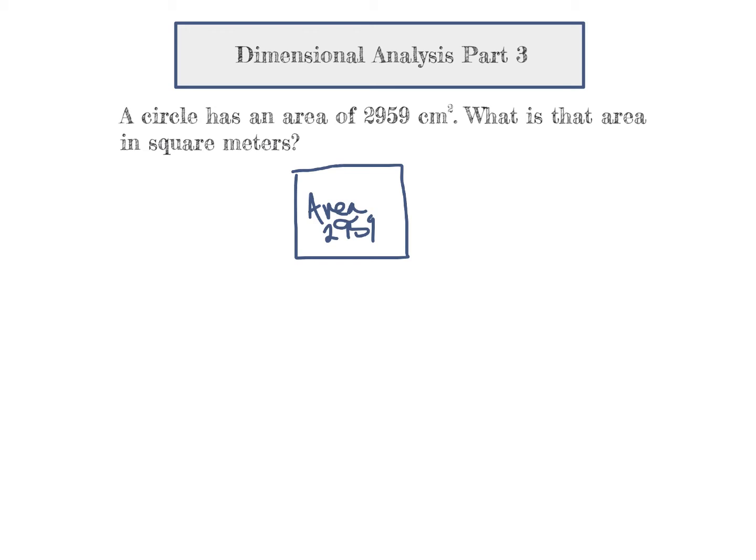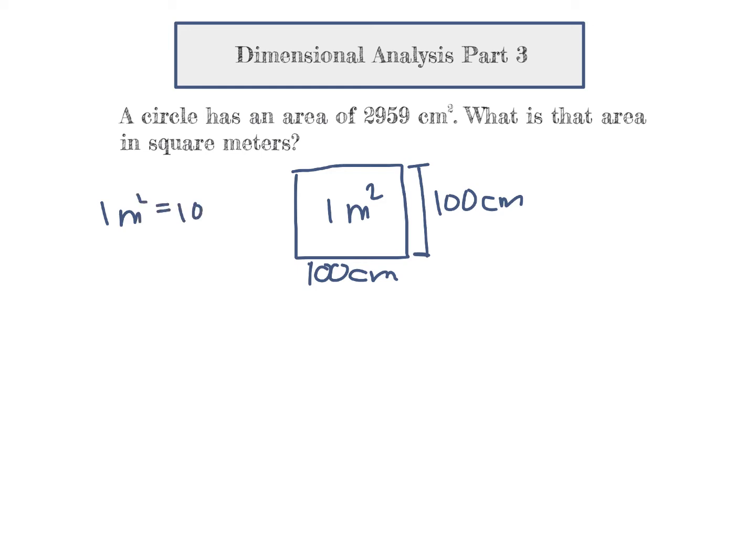But if I had a totally different area in mind, let's say I just had 1 meter squared in mind, I would have 100 centimeters and also on my other side 100 centimeters. That would make it so that 1 meter squared is actually equal to 100 centimeters times 100 centimeters. So that means that 1 meter squared is equal to 100 squared centimeters squared, not just plain old 100 centimeters.